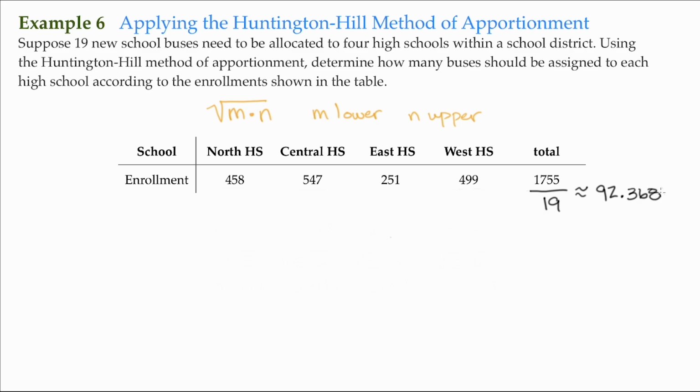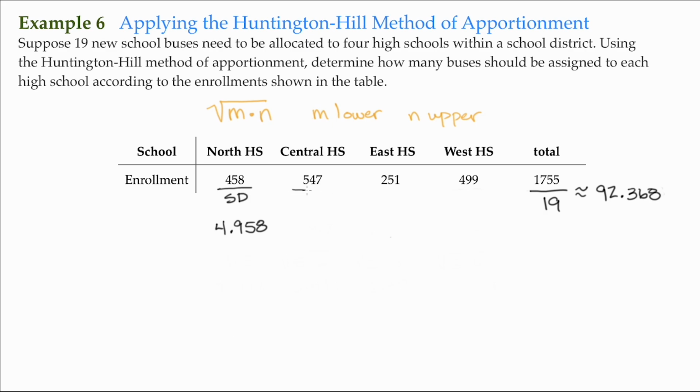So the next thing we do is we determine our standard quotas. So we'll divide our standard divisor into each one of the subgroups here. 458, if we divide that by the standard divisor of 92.368, that comes out to be 4.958. And 3 decimals here will be plenty.